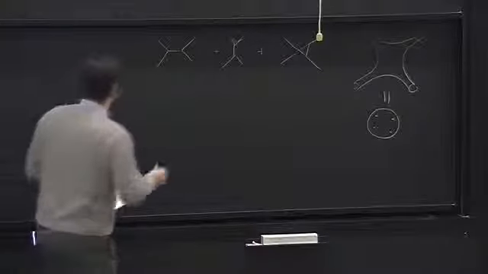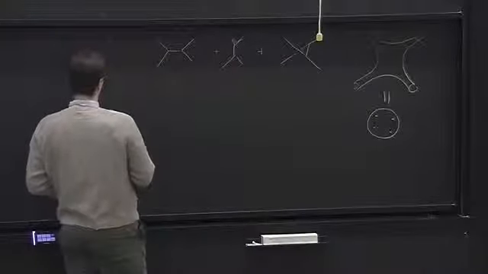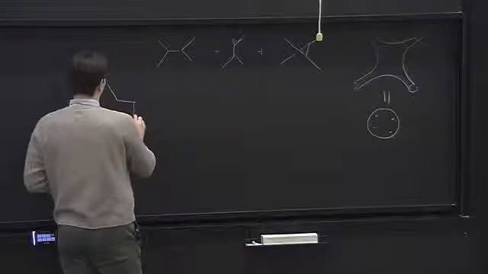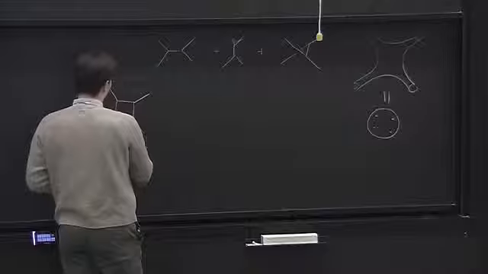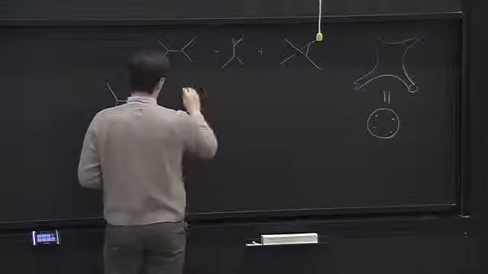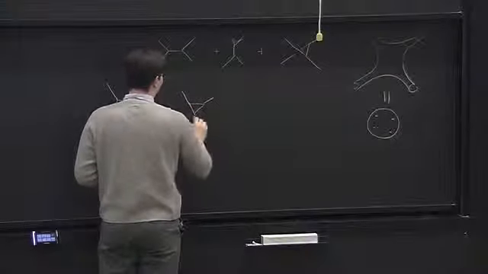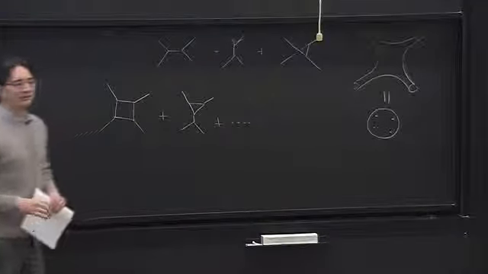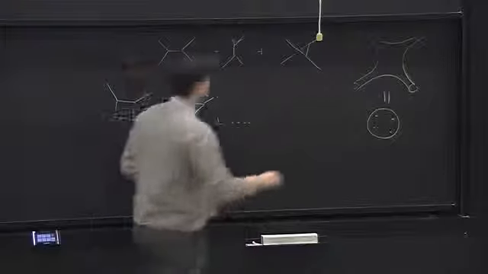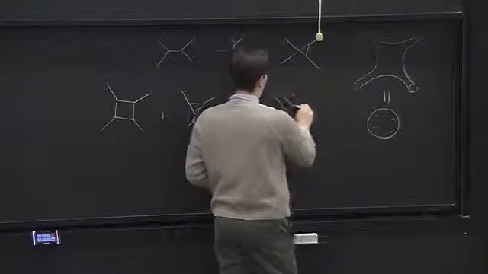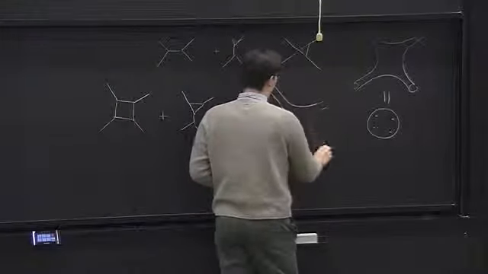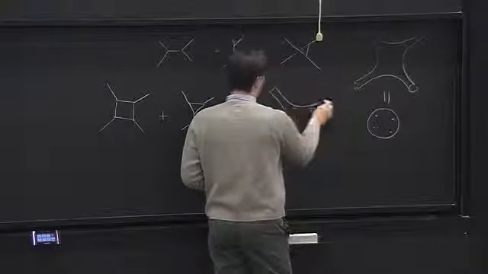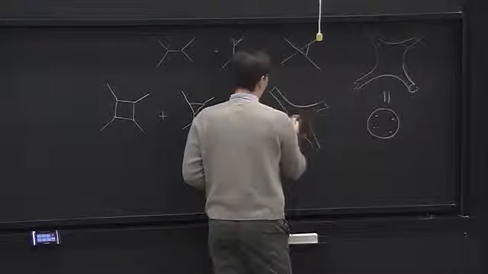On the other hand, if you're looking at a one loop diagram, again, in quantum field theory, you could have all sorts of things. You have something like this. I don't know. Maybe something like this. And many others. In string theory, you only have a diagram which looks like this.